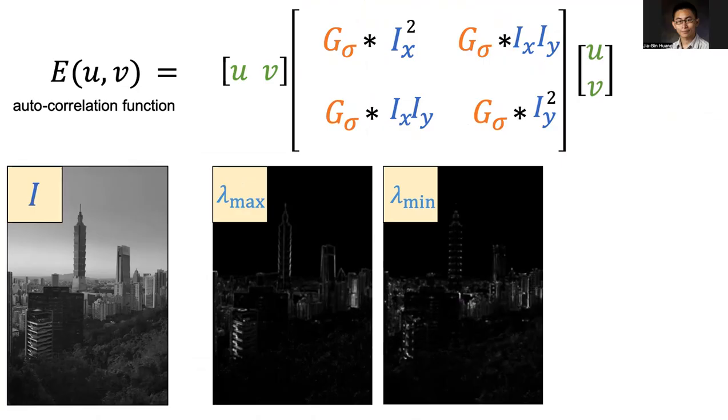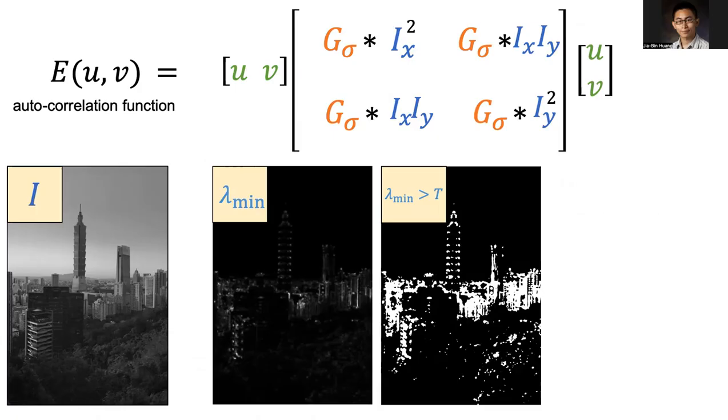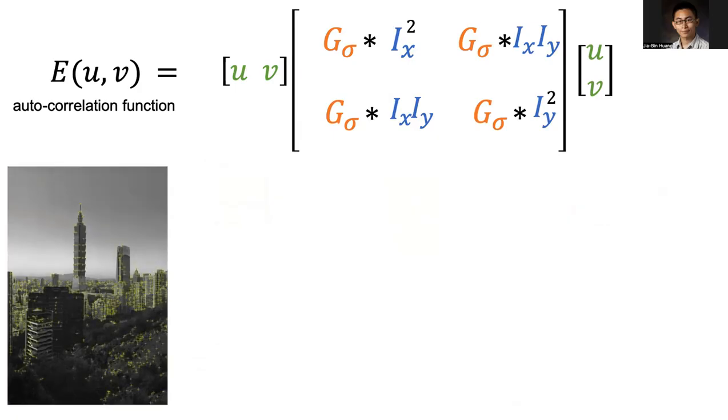That is the scale of the change such that even the direction that induces the smallest change is still large. That is the concept of a corner. So you want to find this lambda min, and then you have non-maximal suppression and find the corners.